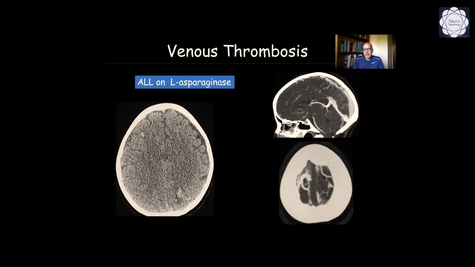Some drugs may produce venous thrombosis, and one of these, the most common one, is L-asparaginase. L-asparaginase is used for the treatment of acute lymphocytic leukemia, and this is a child with hemorrhages in both sides of the brain.